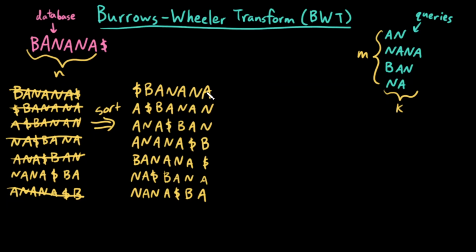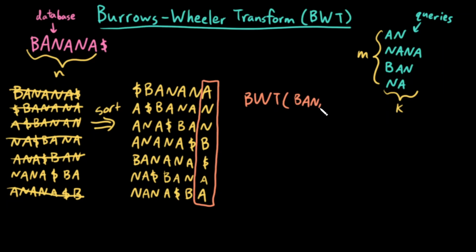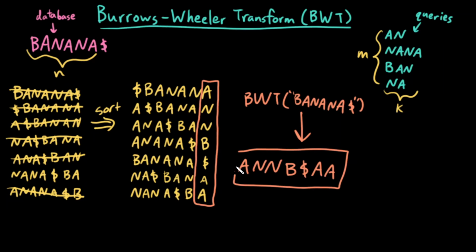So the Burrows-Wheeler transform is just the last column of this matrix. The Burrows-Wheeler transform of the string banana$ is just A N N B $ A A. So it's pretty easy to construct the Burrows-Wheeler transform.